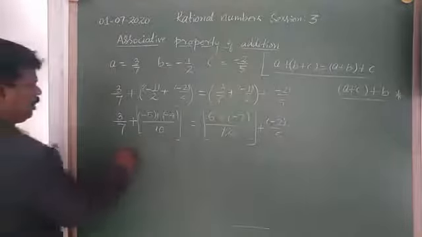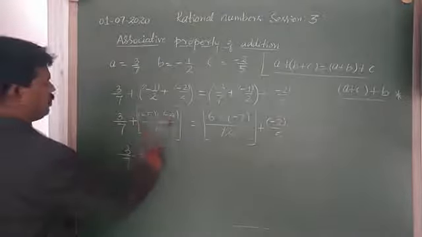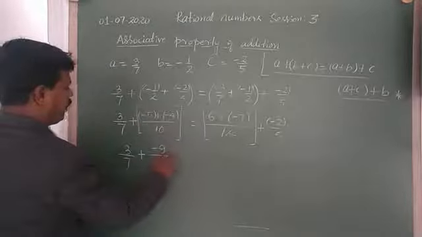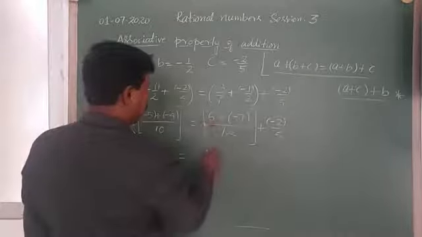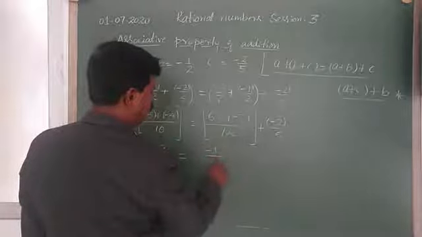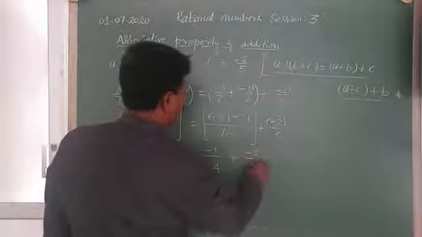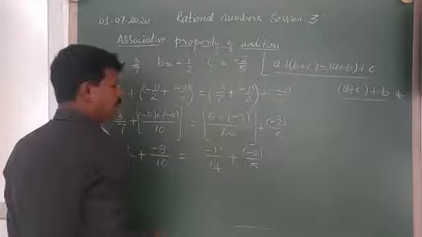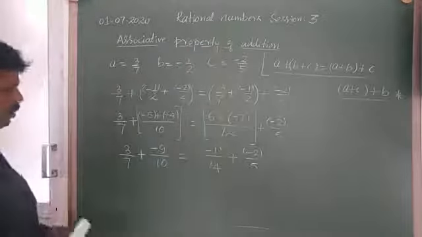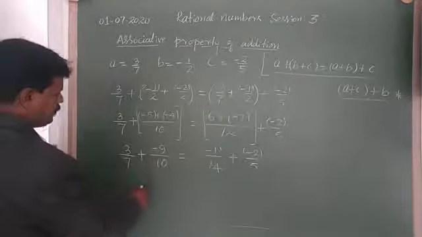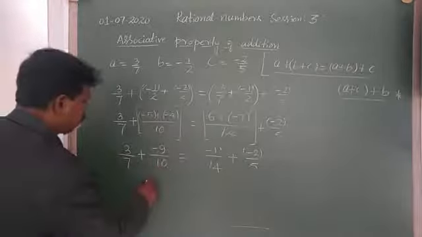Now here 3 by 7 plus minus 4 minus 5 is minus 9 by 10, equals minus 7 plus 6 is minus 1 by 14, plus here is minus 2 by 5. Now again 10 and 7. 7 is prime, 10 is not prime, so the product is 70.